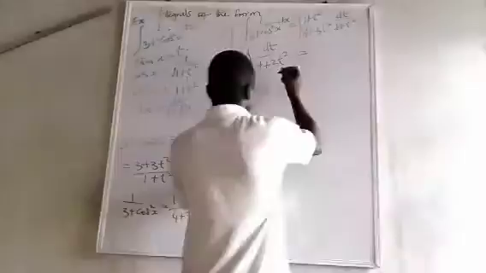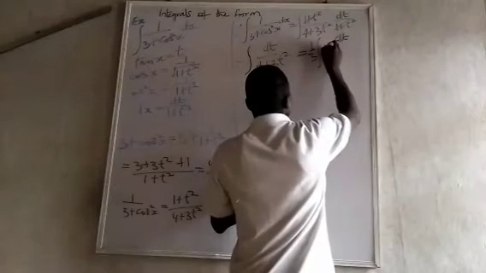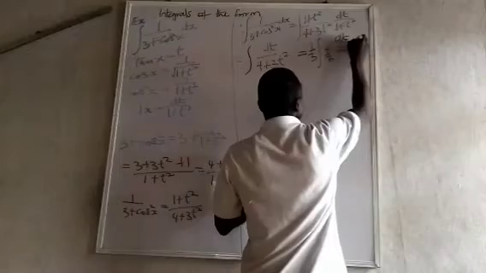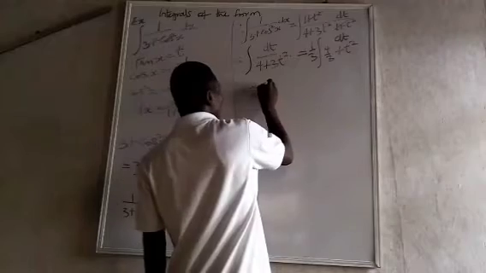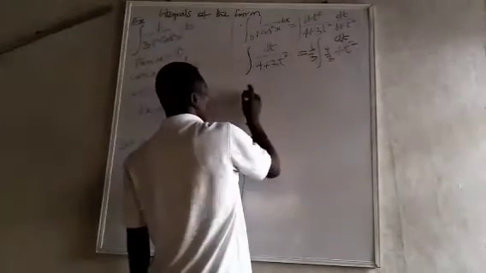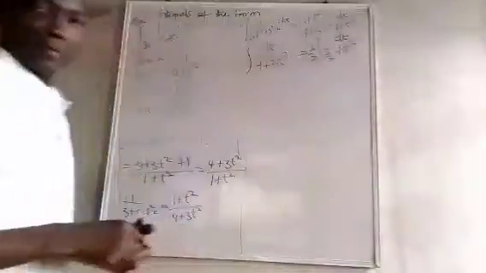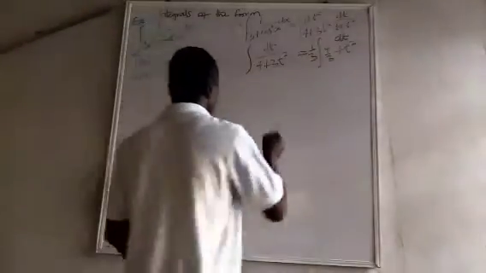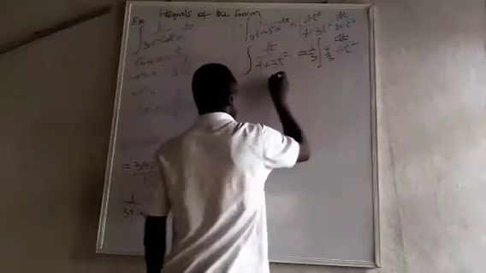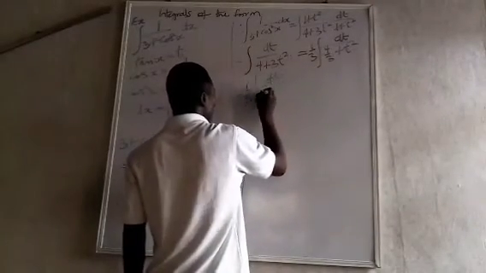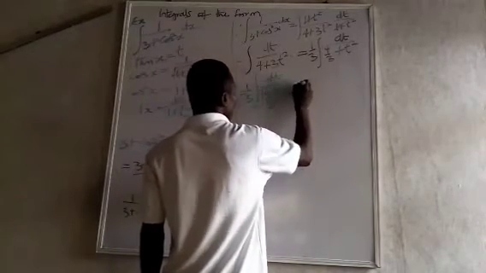So, this one is going to give us 1 over 3 dt over 4 over 3 plus t squared. Remember, we are going to have 1 over 3 times, okay. So this one is going to give us 1 over 3. Simplifying it further for ease, it's going to give us 1 over 3 into dt over root of 4 over 3 squared plus t squared.